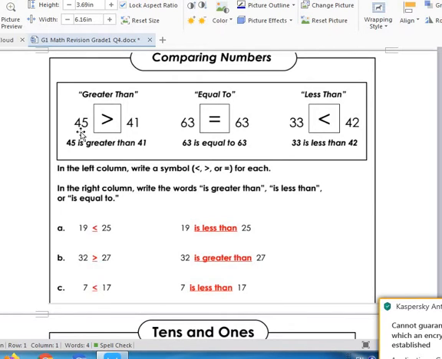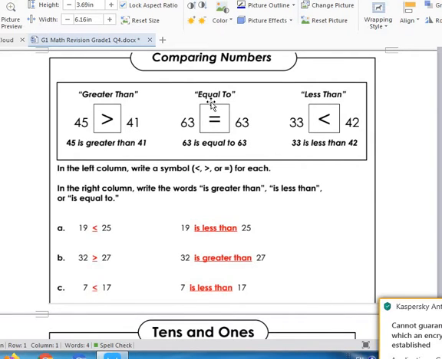When I compare 45 and 41, the tens are the same, 4 equals 4. The ones are different: 5 and 1. So 5 is greater than 1, so 45 is greater than 41.